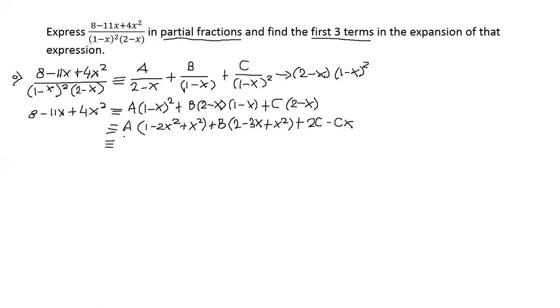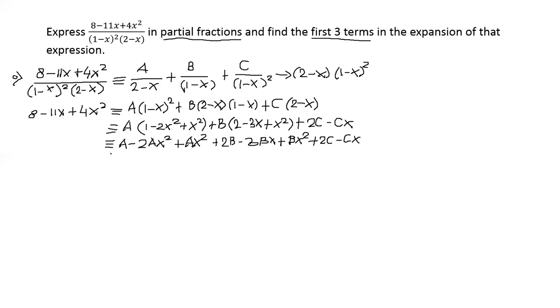Multiplying, it becomes a minus 2ax squared plus ax squared, plus 2b minus 3bx plus bx squared, plus 2c minus cx.